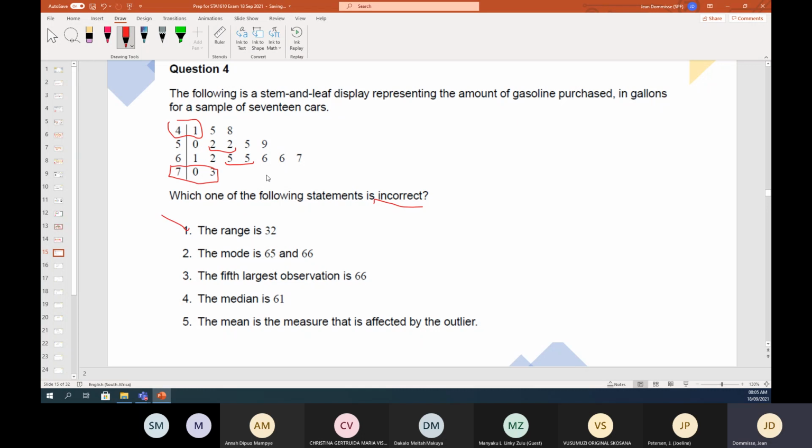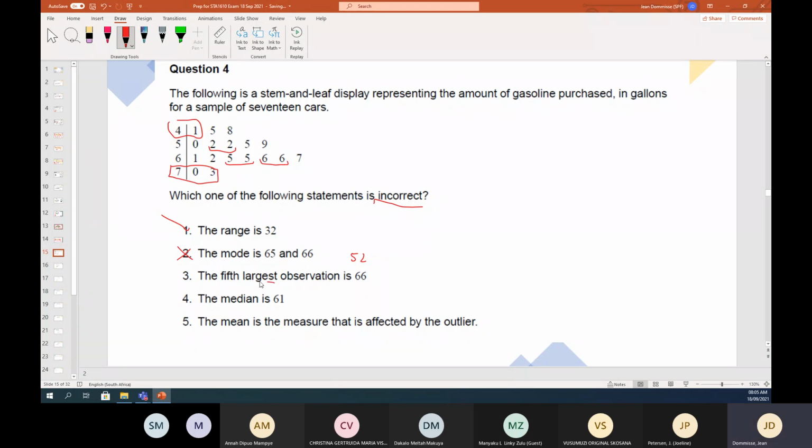There are 2 65s and 2 66s. So the modes are 52 and those 2. That one will be the incorrect one, because there are 3 modes and not just 2 modes.